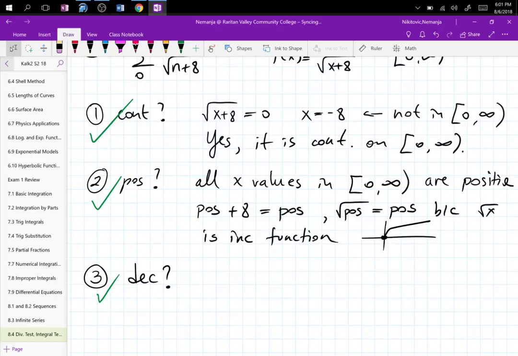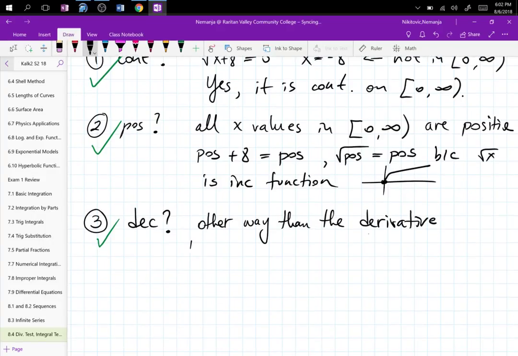So we need to show that a sub n plus 1 is smaller than a sub n.